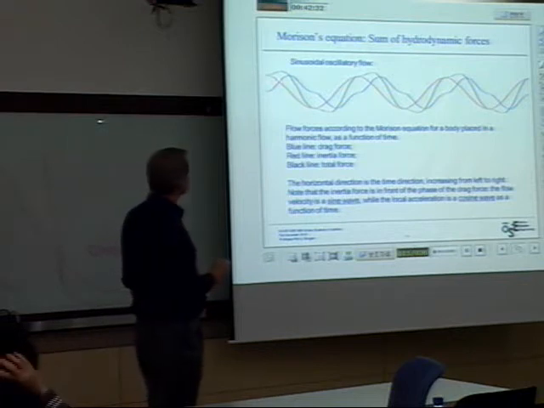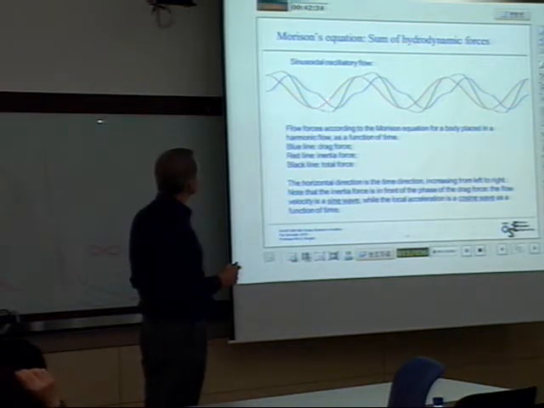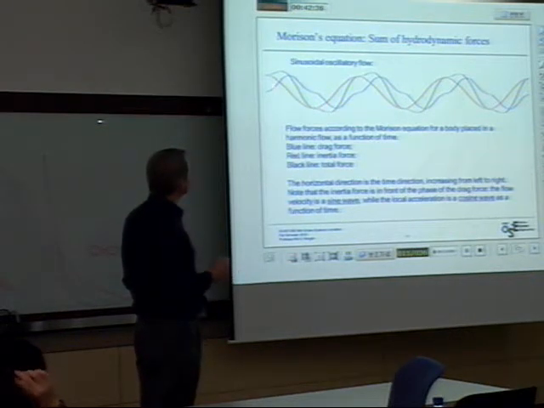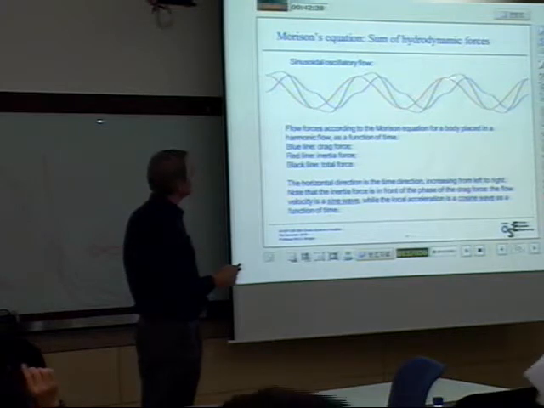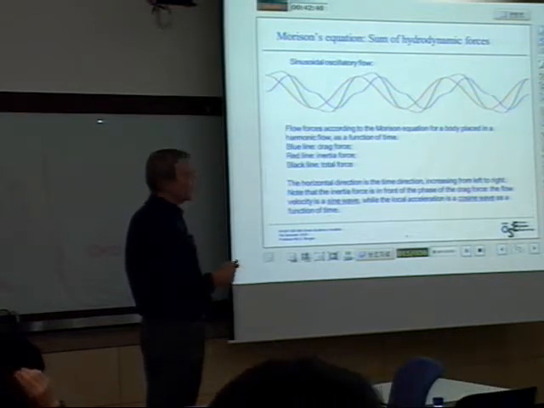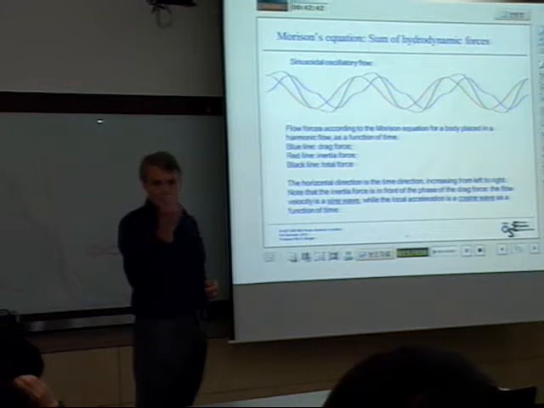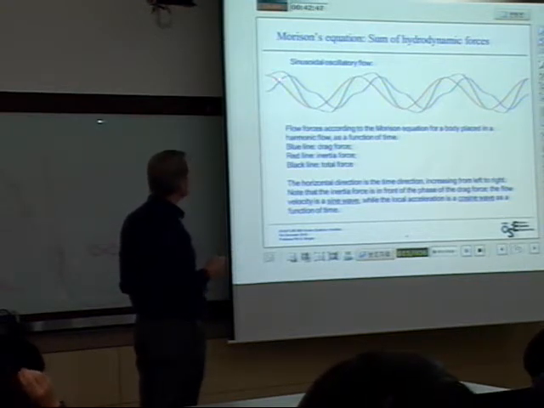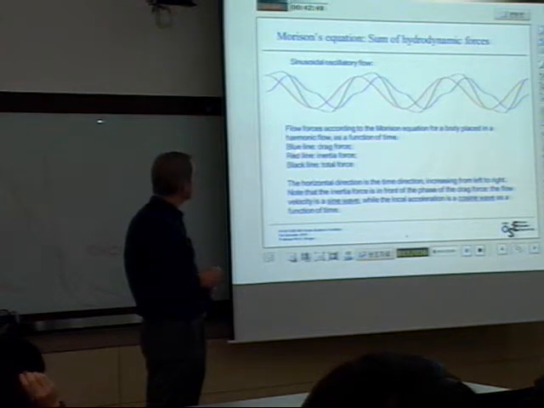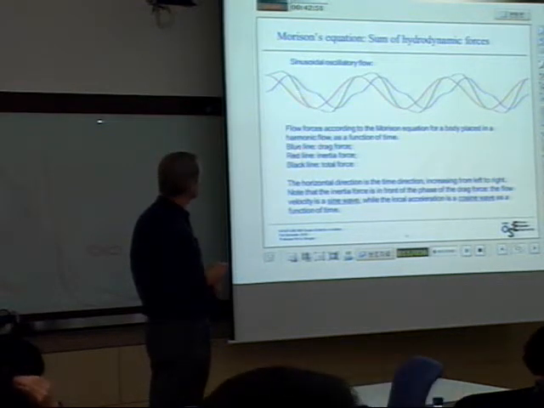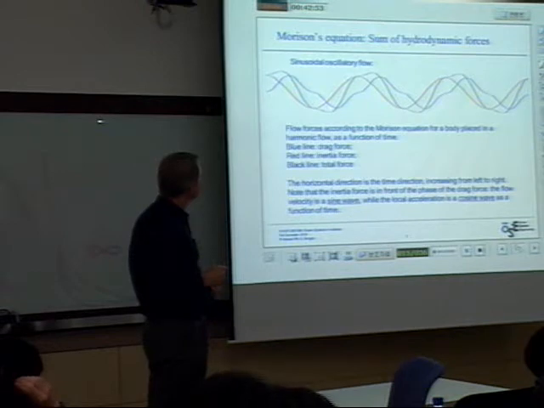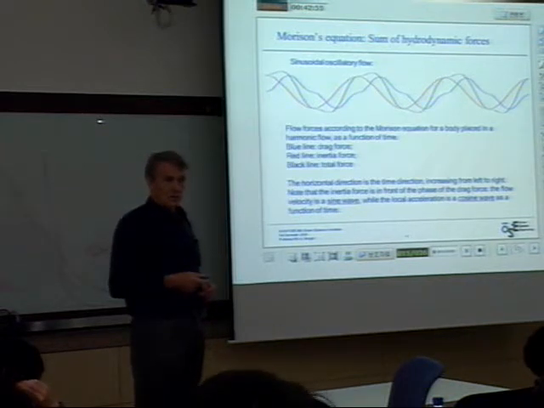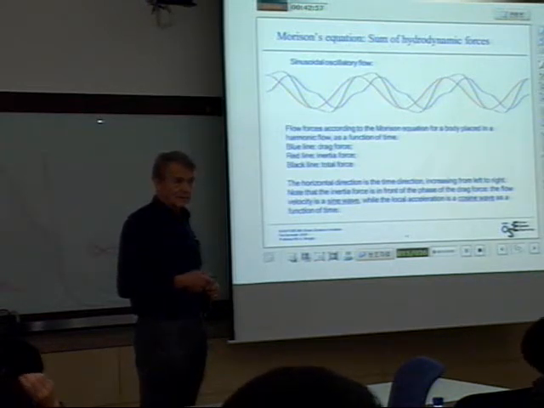So there is one, the red line, inertia, that is typically a sinusoidal type of motion if you have a sinusoidal type of vibration. But then you have a drag term, which is the blue line, which is a function of velocity squared, right?